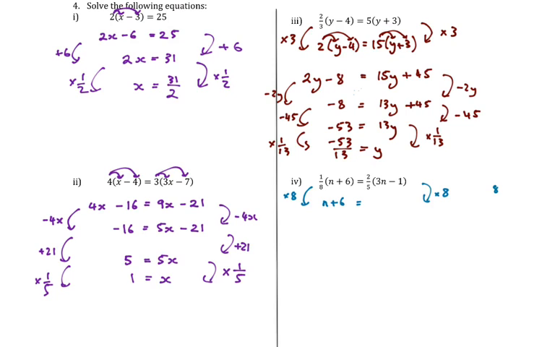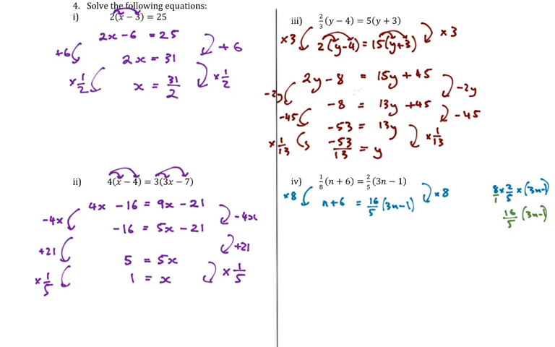On the right-hand side, if we do 8 times 2/5, well, this is the same as doing 8 over 1 times 2/5, which is 16/5. Times by 3n minus 1. So when we times the right-hand side by 8, we get 16/5, brackets 3n minus 1.